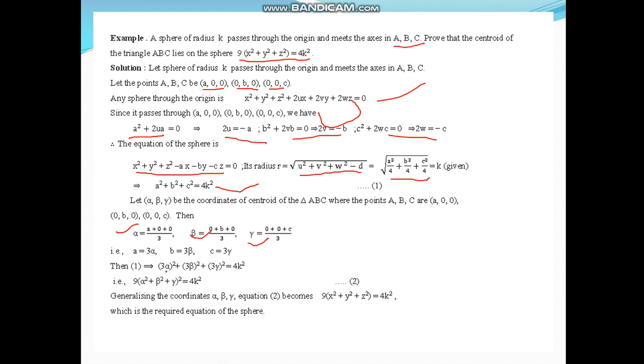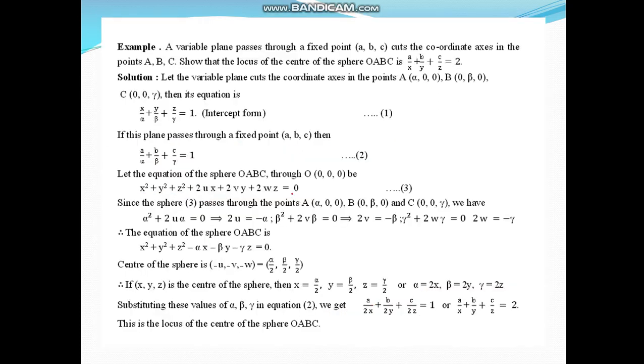So we get a square plus b square plus c square equal to 4k square. That is 9 times this equal to 4k square. But look, we have to generalize the coordinates. Just replace alpha, beta, gamma by x, y, z. So we'll get required equation of locus.